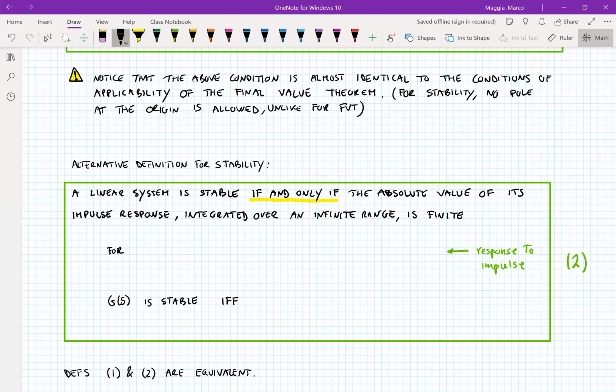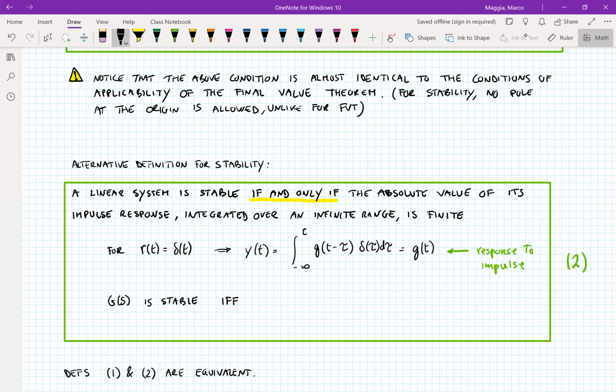So if we have an input that is equal to an impulse, then due to the convolution integral, the output is equal to the integral from minus infinity to t of g of t minus tau, where g is the transfer function, times delta of tau d tau, and this is conveniently equal to g of t.